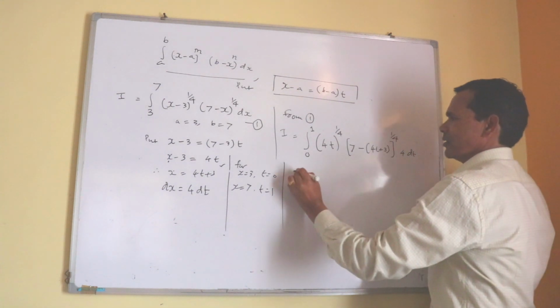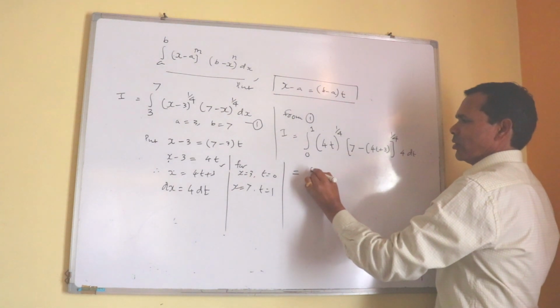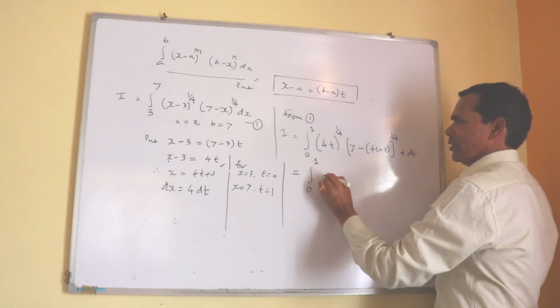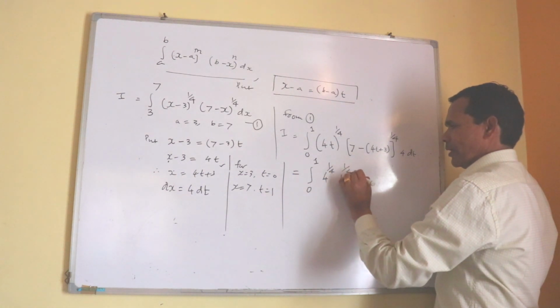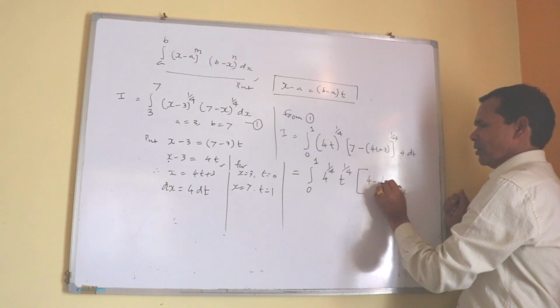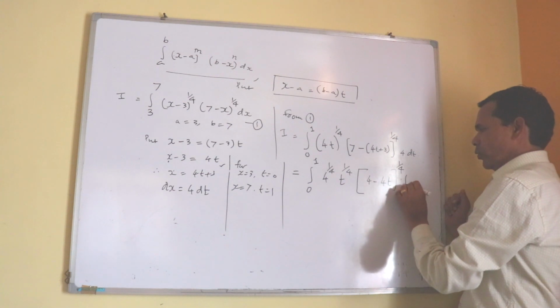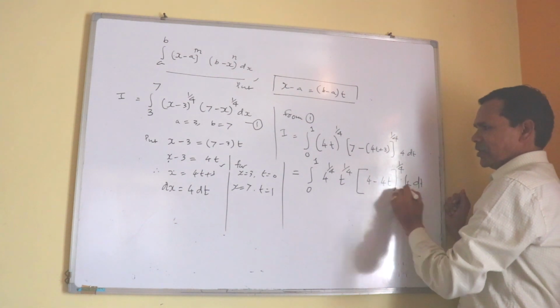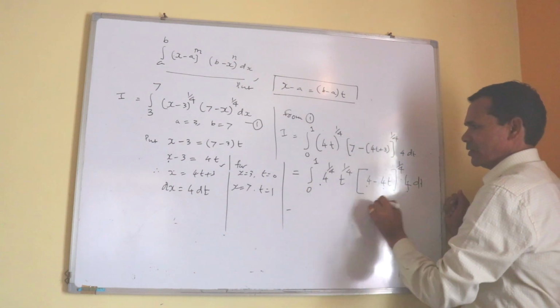We simplify this. I just take all the constants outside. So it is 4 raised to 1 by 4, t raised to 1 by 4, and inside the bracket 7 minus 3 minus 4t, raised to 1 by 4, into dt. We take this 4 raised to 1 by 4 outside, and this 4 outside.